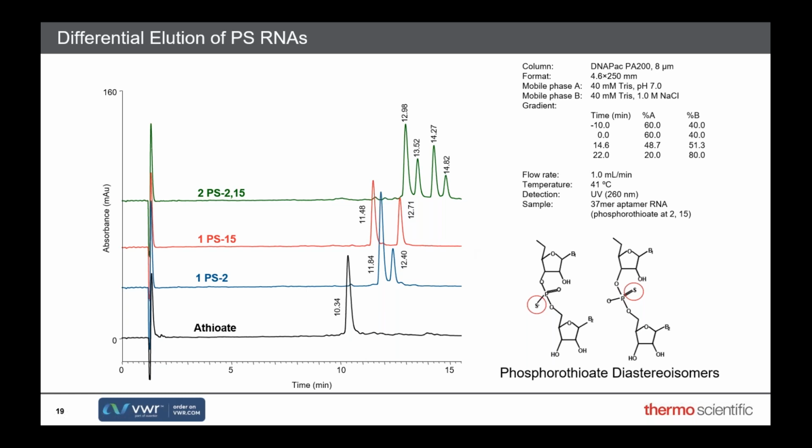Now what I want you to think about is that's a 37-mer we're looking at here. Now normally you'll fully thiolate that molecule, and when you've got 37 sulfurs on that, your number of diastereoisomer positions is immense. You'll never ever get a column capable of separating that many diastereoisomers.